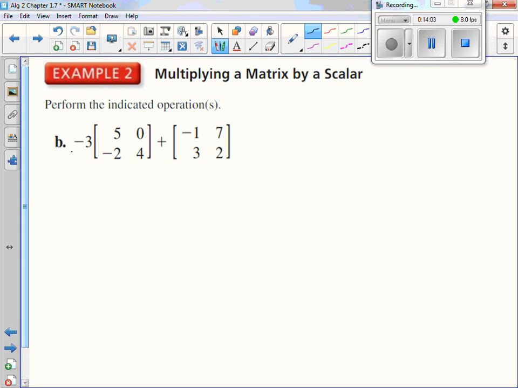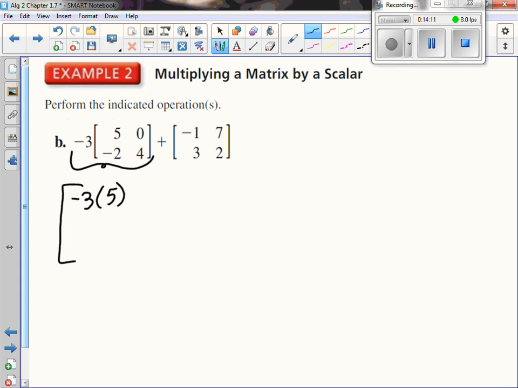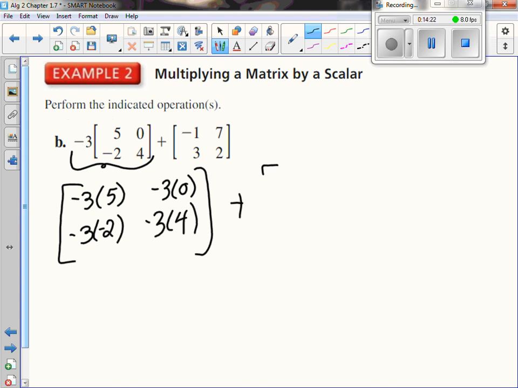So the first thing I'm going to do is multiply everything in here by negative 3. So we'll have negative 3 times 5, negative 3 times 0, negative 3 times negative 2, and negative 3 times 4. Since nothing happened to this other matrix, we can just leave it alone.